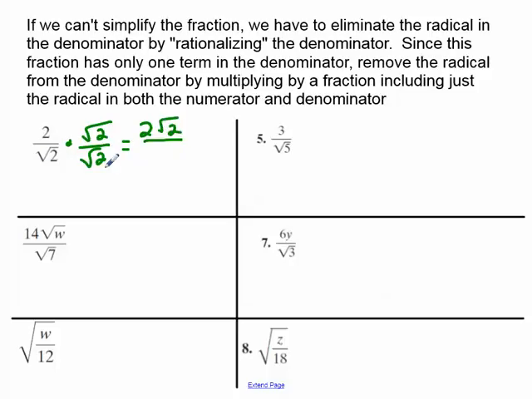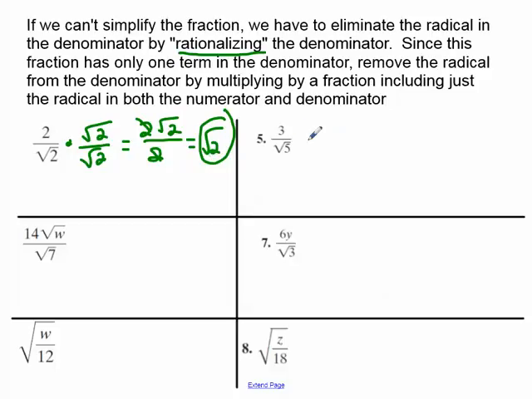The denominator becomes square root of 2 times square root of 2, or square root of 4, or 2. We get rid of that radical in the denominator, and that's called rationalizing the denominator, making it rational. After we rationalize, 2 divided by 2 is 1, so we get just simply square root 2, and that would be our answer.